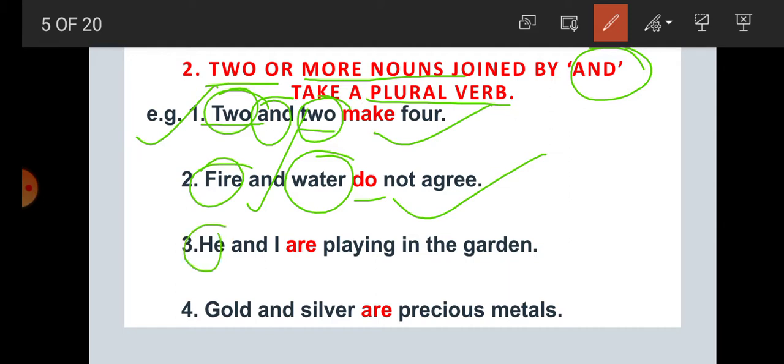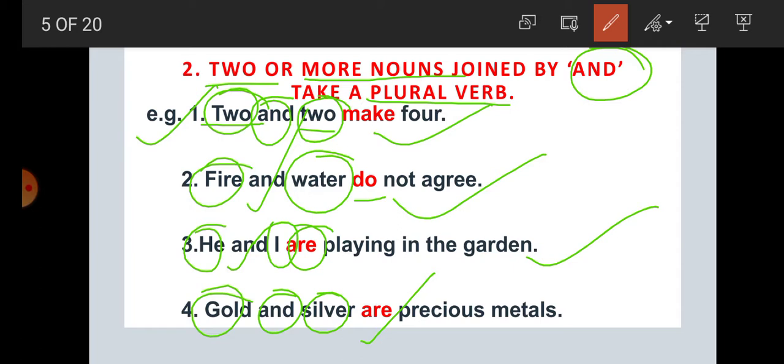Next one, student, he and I, two pronouns joined with and. So again, plural verb are. Now next one, gold and silver, two nouns joined with and. So here plural verb are is the correct one. So student, in this rule we have read that when two or more nouns are joined by and, then we must have a plural verb.